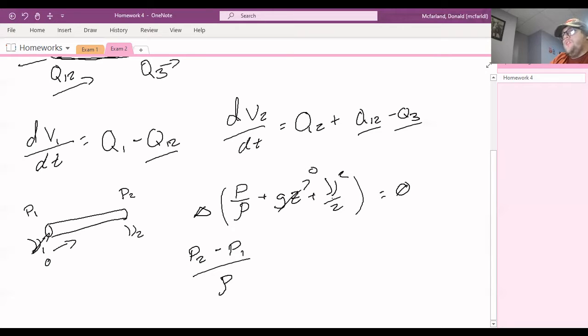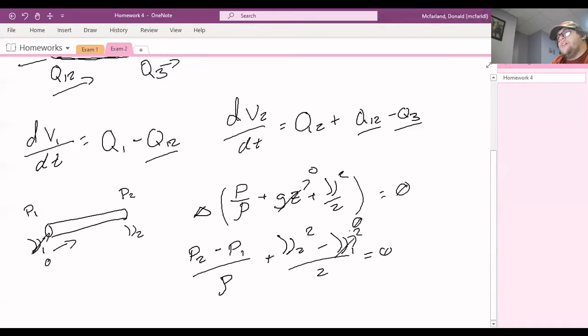So we're left with V2 squared minus V1 squared over 2 equal to 0. And keep in mind, we said V1 is already at 0 because this fluid right here is at rest.